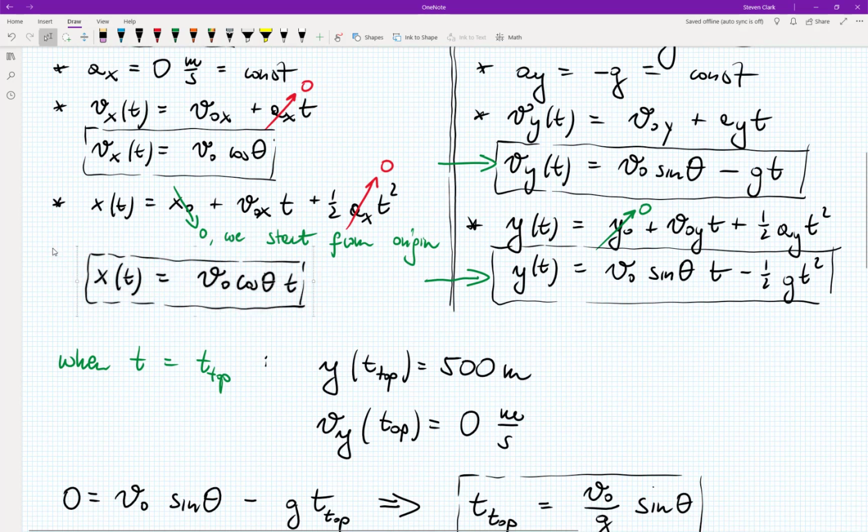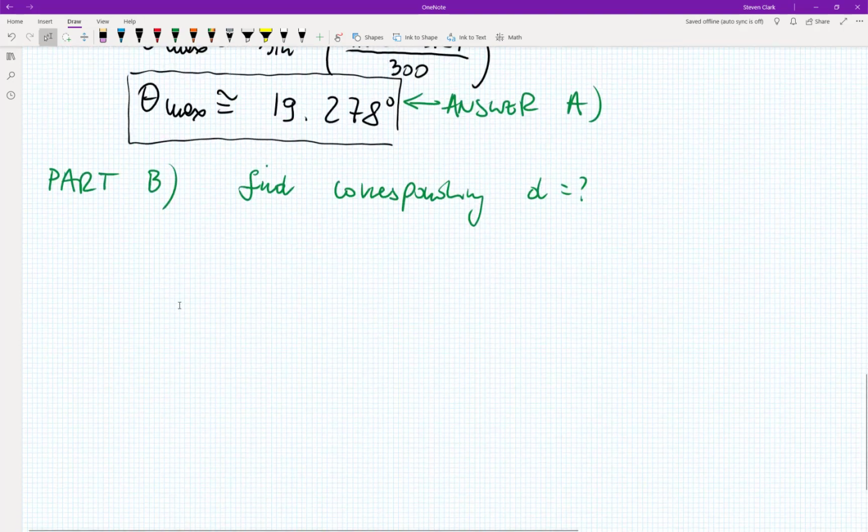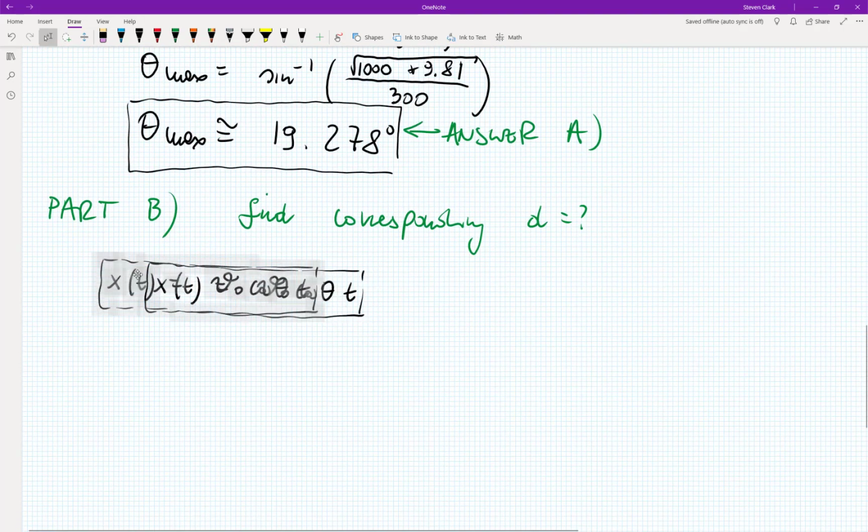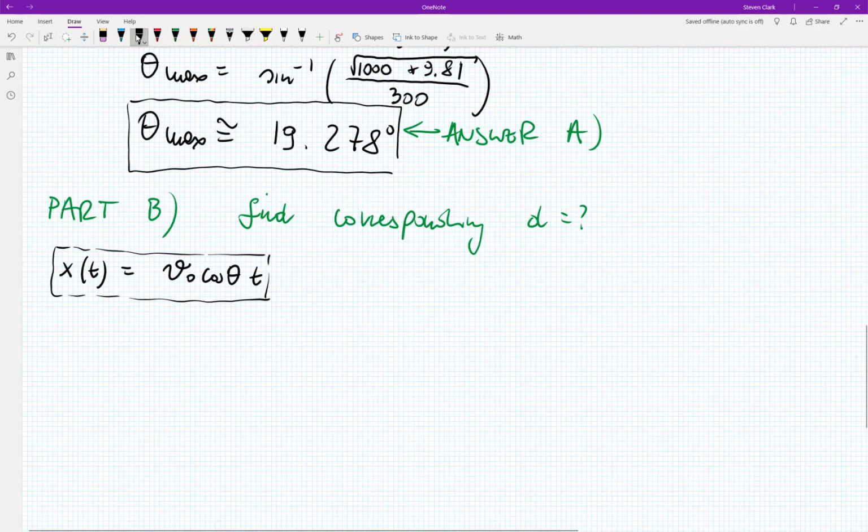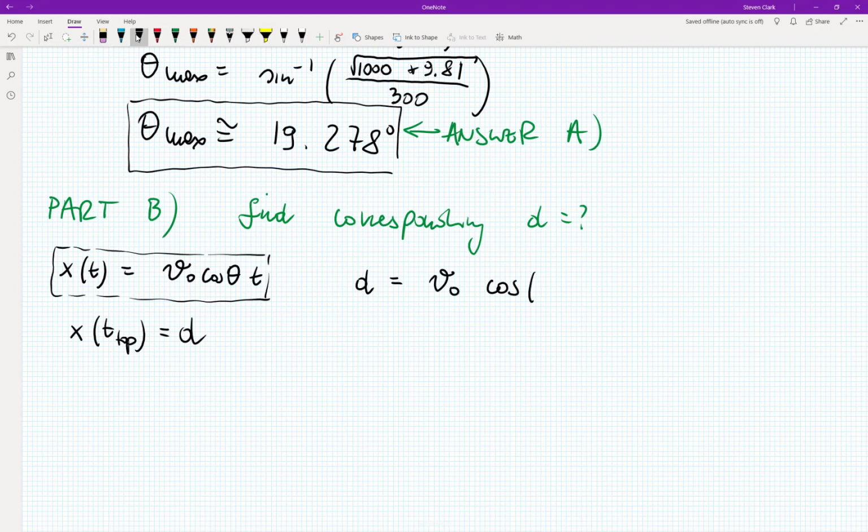Okay, so let's take this equation. I think that you said that x at t top will be d exactly. So our d will be equal to v0 cosine theta max times t top, because it's the corresponding distance.